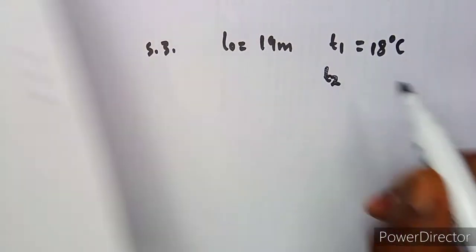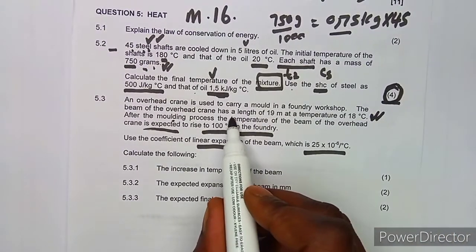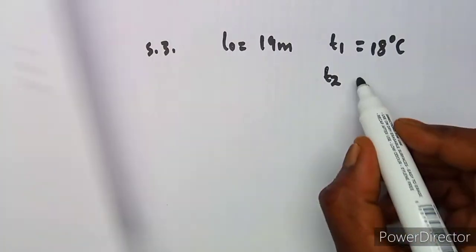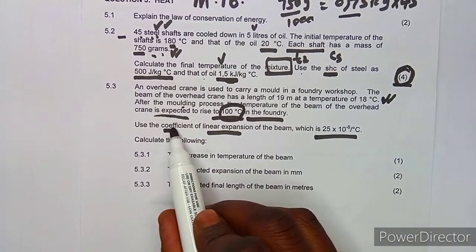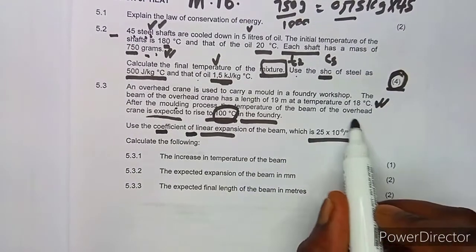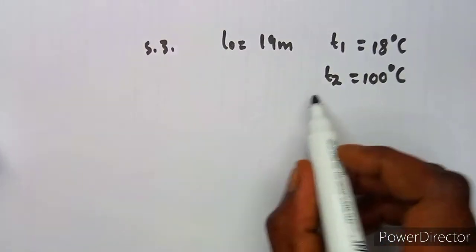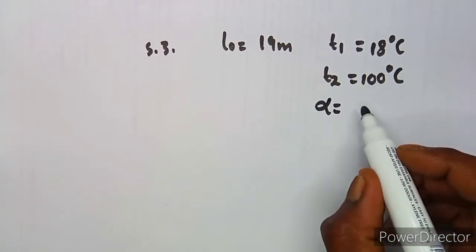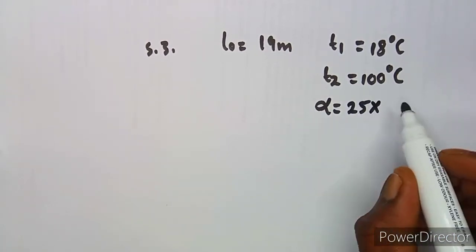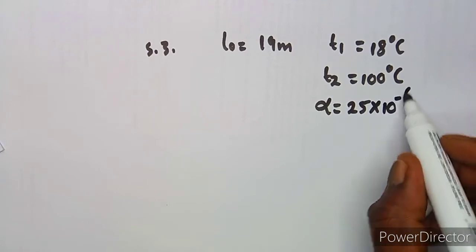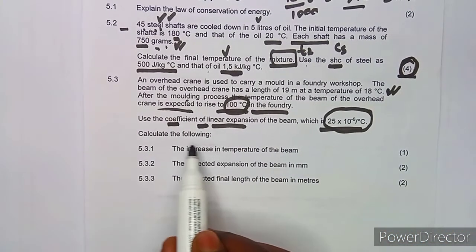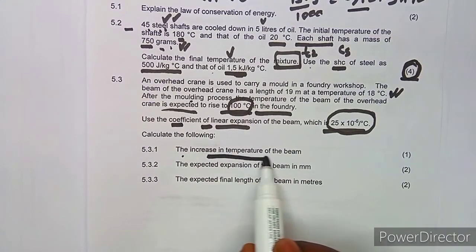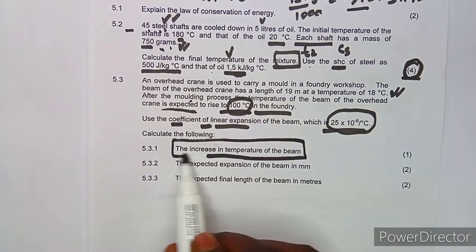Then it is expected to increase to 100 degrees Celsius. So that's going to be your T2, and you're also given the coefficient of linear expansion, which is your alpha, as 25 times 10 to the exponent of -6 per degrees Celsius. So the question is, calculate the following: the increase in temperature of the beam, just the increase, guys.